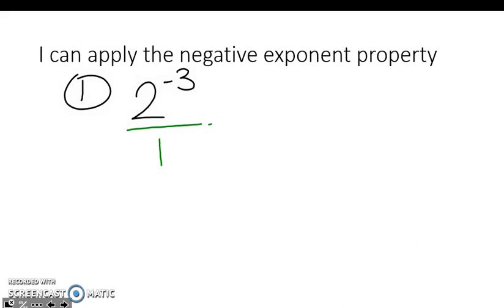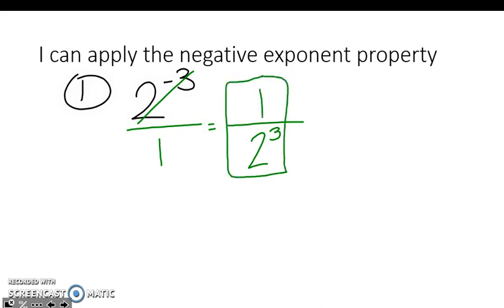So right now, that negative exponent is on the top. It's on the numerator, okay? So we're going to need to move it to the denominator, and when we move it, that makes it become positive, okay? Since there's nothing on the top now, we have to have a placeholder of 1. So that 2 to the negative third becomes 1 over 2 to the third.